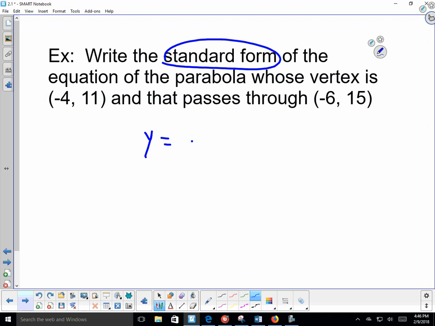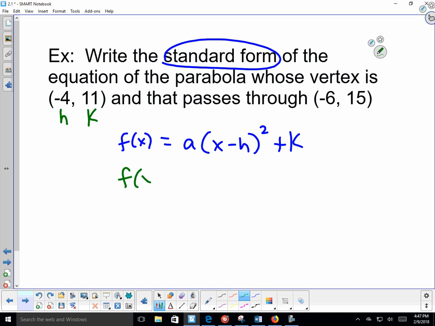Standard form, as you know, is y equals, or I'll write it as f of x equals a times x minus h quantity squared plus k. So we want the equation of the parabola where the vertex is negative 4, 11. Well, negative 4 goes in for h, 11 goes in for k.